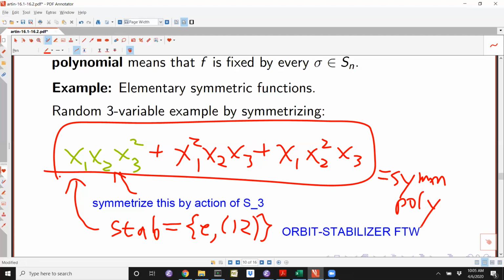Well, just because any orbit under a group is invariant under the action of that group. That follows from the definition of orbit. All right, so there's an example of a kind of random 3-variable symmetric polynomial.